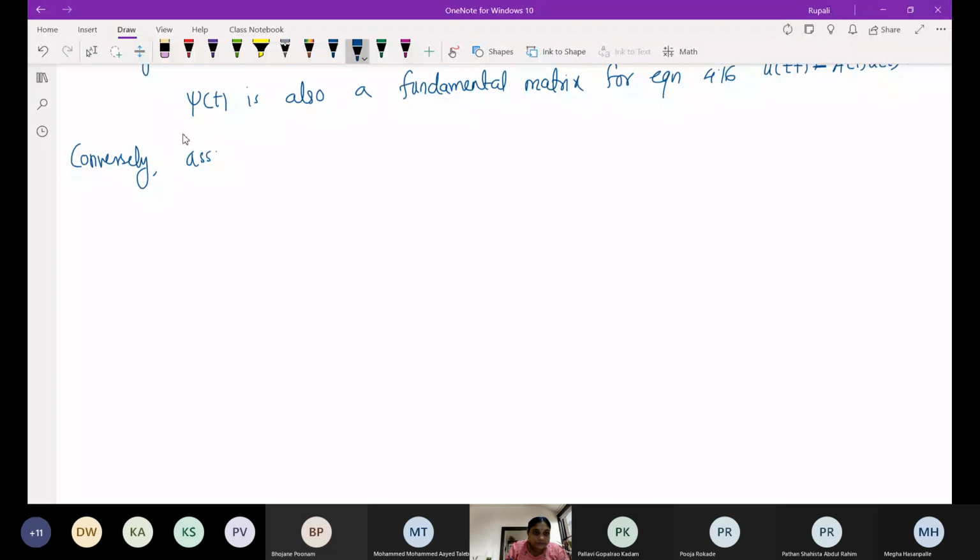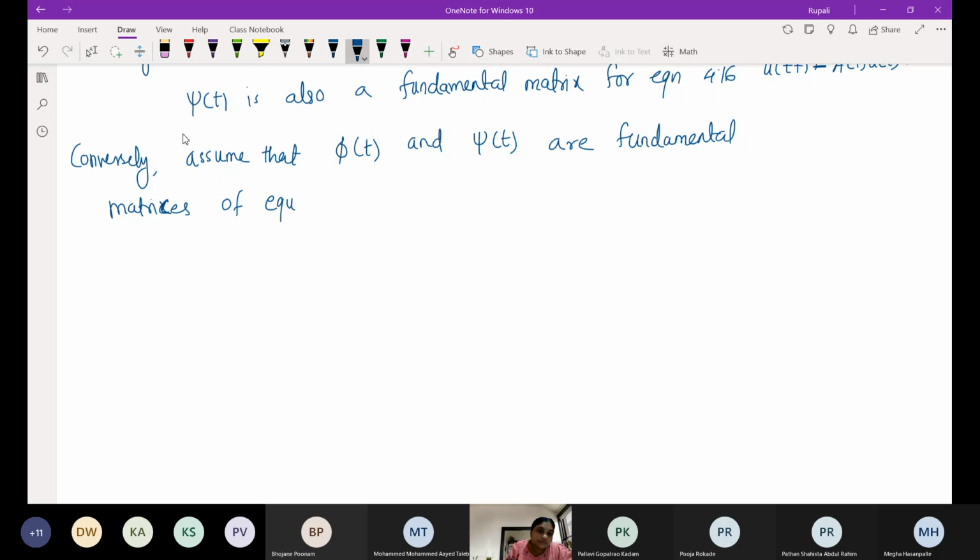Assume that phi t and psi t are fundamental matrices of equation 4.16. So what can I say?